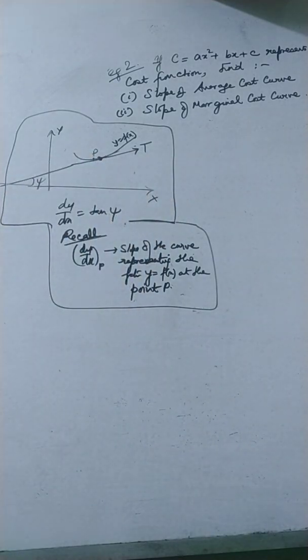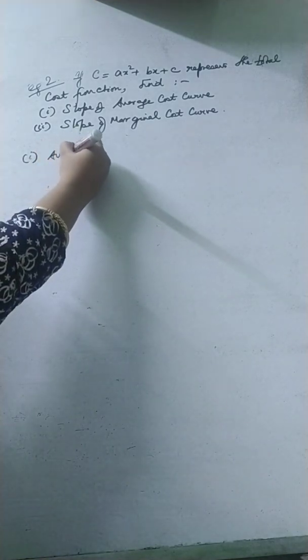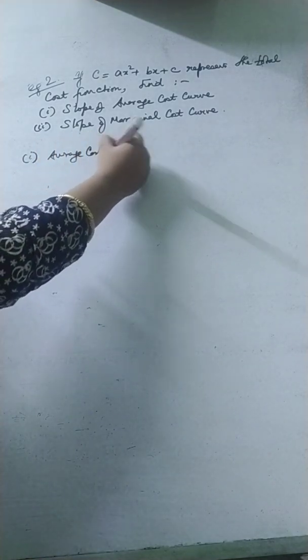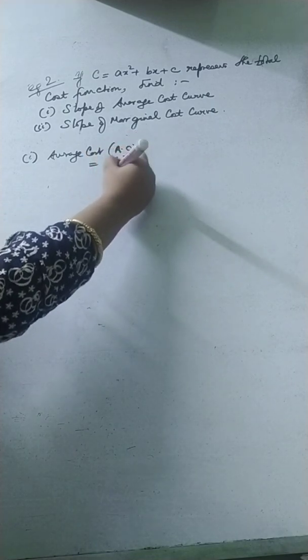So, therefore, what will we do now? We need to find out the average cost function, and then we will do d/dx of the average cost function. So for the first subpart, we are finding out average cost first. Average cost AC is supposed to be C(x) by x.